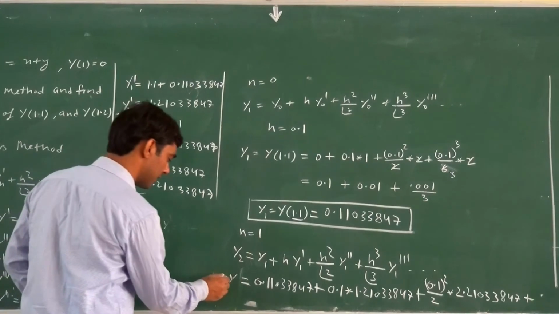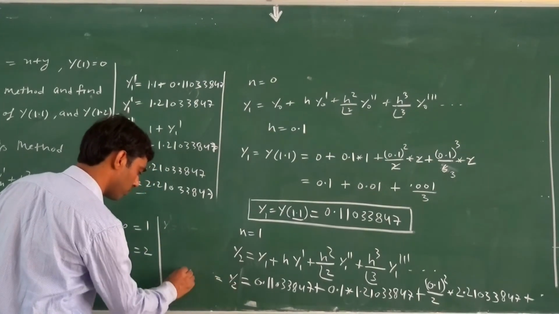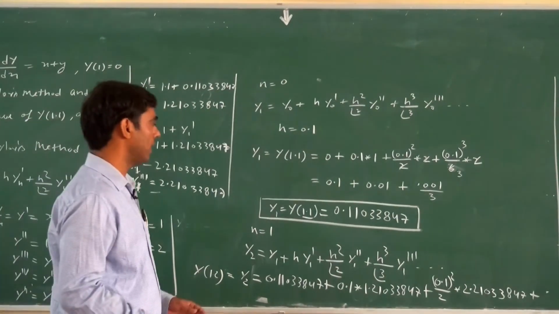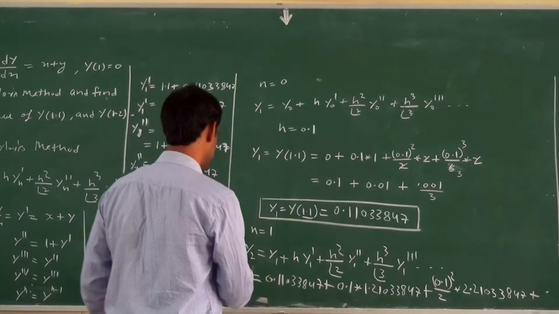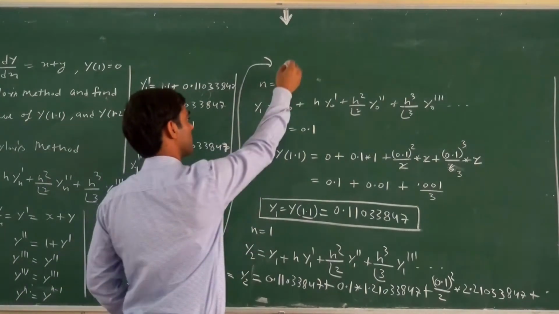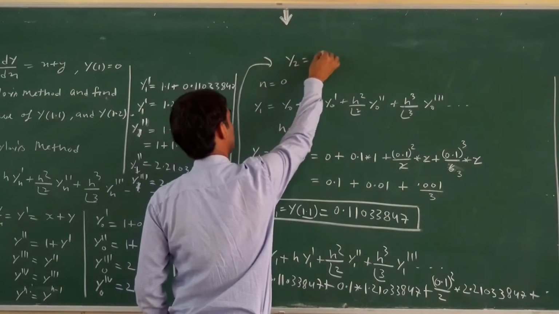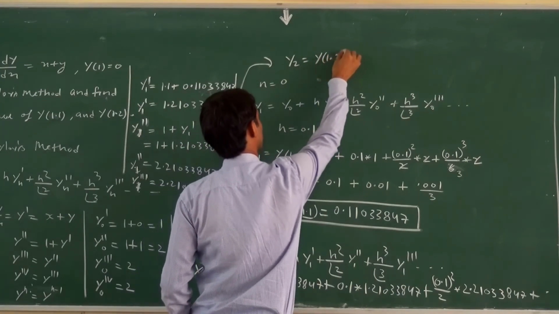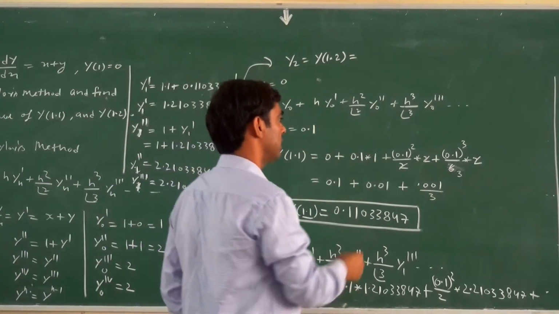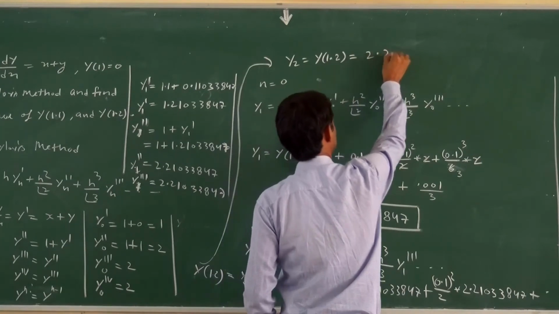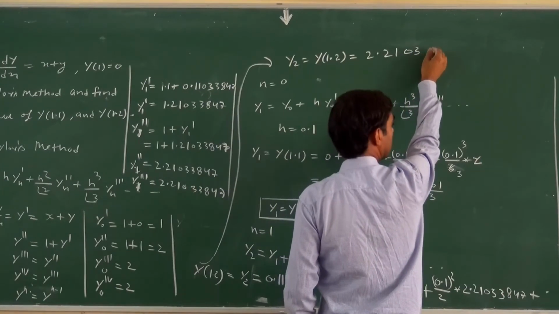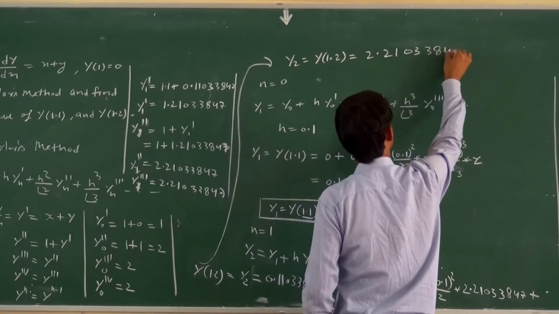This one is the value for y2, as well as the y at 1.2. So after simplification, we get y2 equals y1.2. What is the value for y2? y2, that is y1.2, after simplification we get 2.21033847.